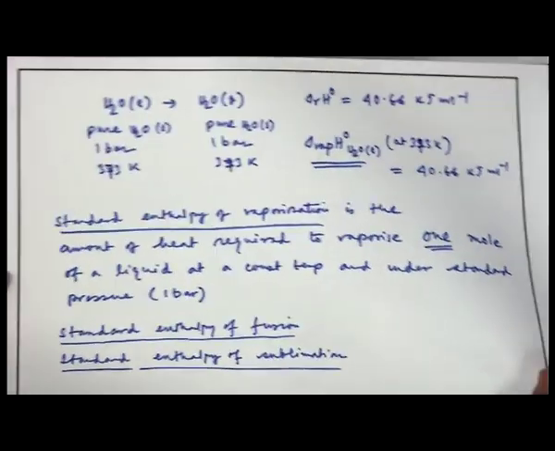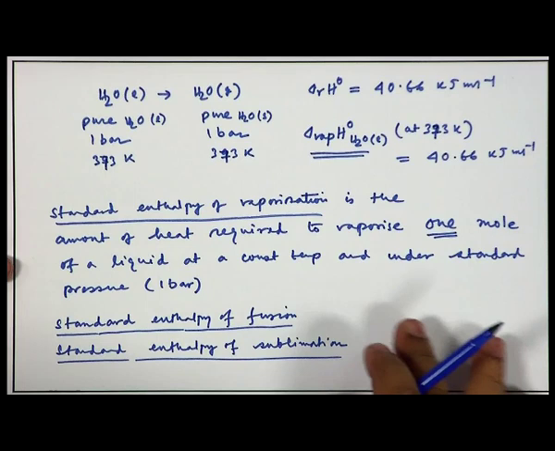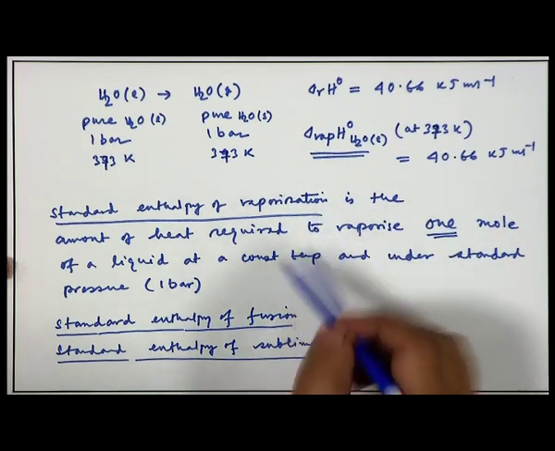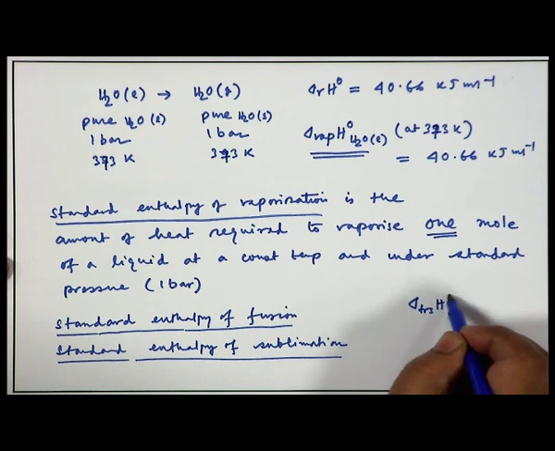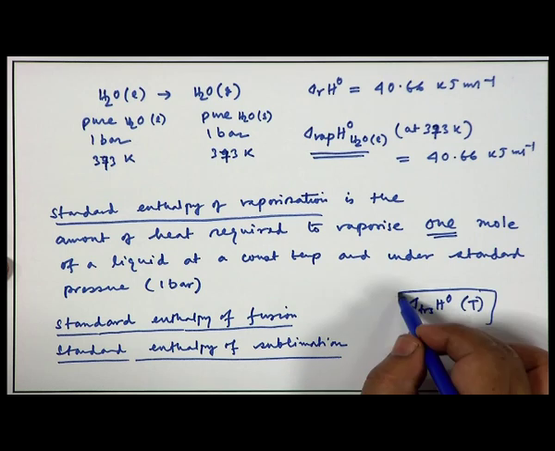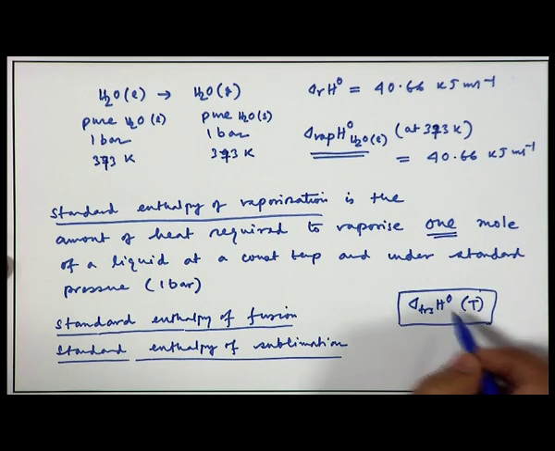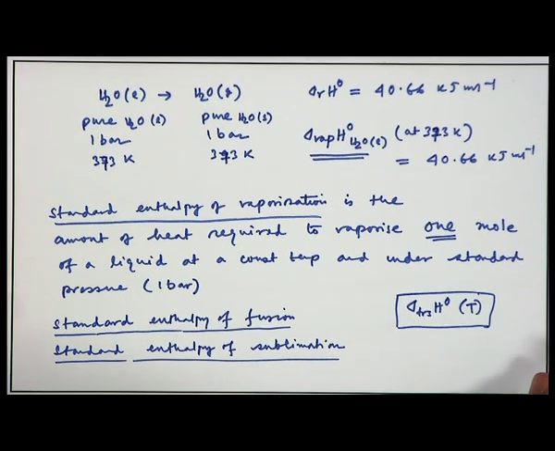Instead of vaporization, you can generalize, delta H transition at a particular temperature. You can just write a general form, and the magnitude obviously will depend on the intermolecular forces which bind the molecules together.